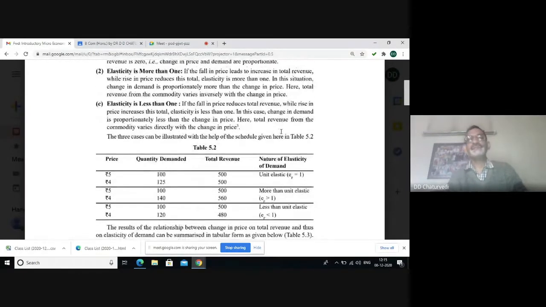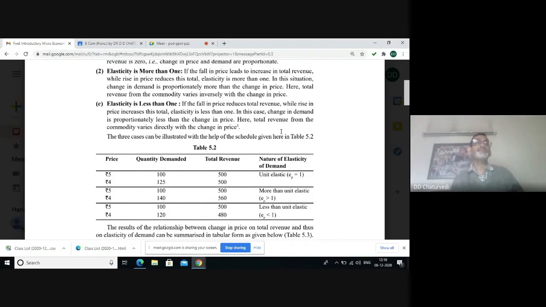Second case, when elasticity of demand is more than 1: when fall in the price of the commodity leads to rise in the total expenditure or revenue, while rise in price reduces this total expenditure, elasticity of demand is more than 1.